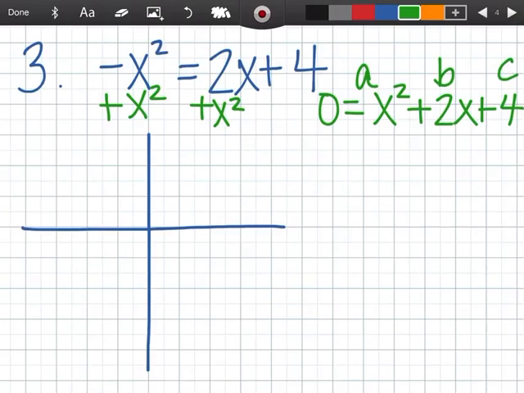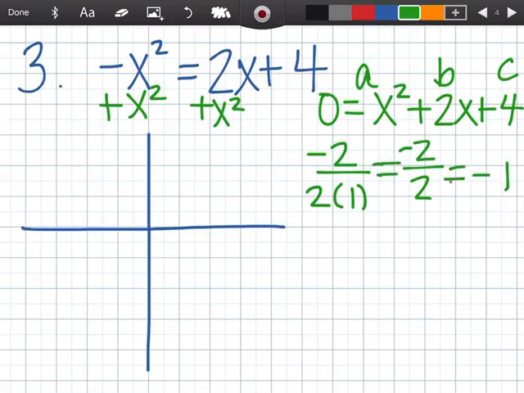If I had moved the 2x and the 4, I would be dealing with negative numbers, so I'd actually be looking at the flipped parabola, but I'm still going to get the same answer as far as where it crosses the x-axis. So I'm going to do negative b over 2a, so negative 2 over 2 times 1 is negative 2 over 2, which is negative 1.